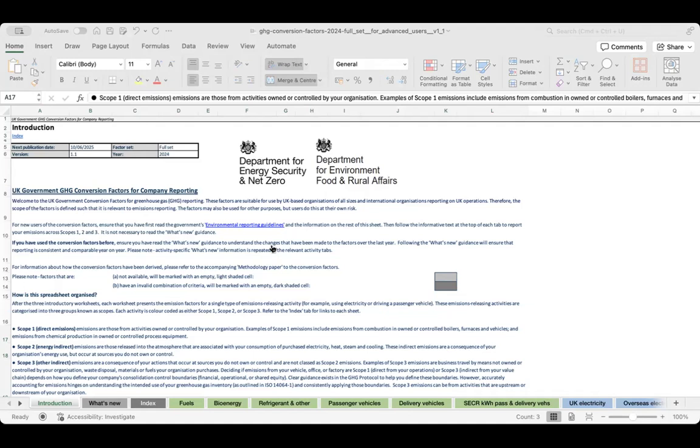But you talk to any quacks in India and they will say, let's go and refer DEFRA, without understanding that it is designed for UK companies to report greenhouse gas emissions from their operations in a consistent and standardized manner. These factors are generally updated annually.